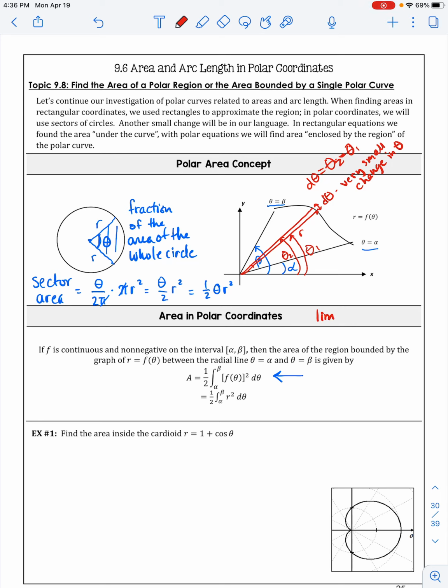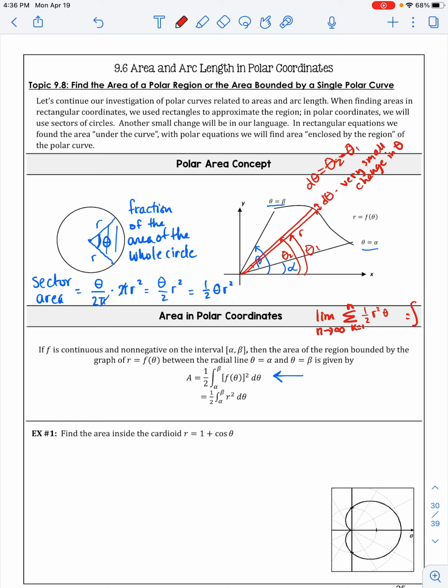And we're going to take the number of them to infinity, the limit as the number of them goes to infinity, and we sum up all of them, just like the definition, k to n. This is going to be equivalent to that integral. So think of having infinitely many of these little strips and summing up all these little sectors, 1/2 r squared thetas.